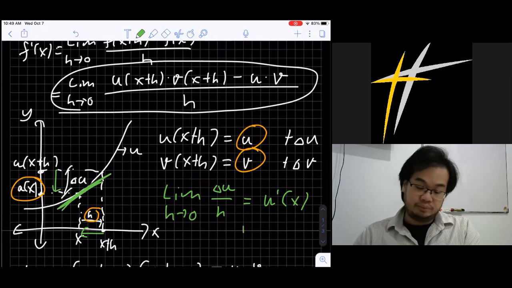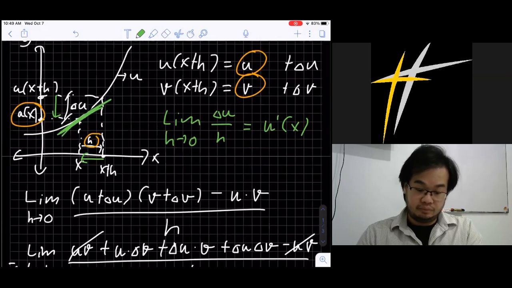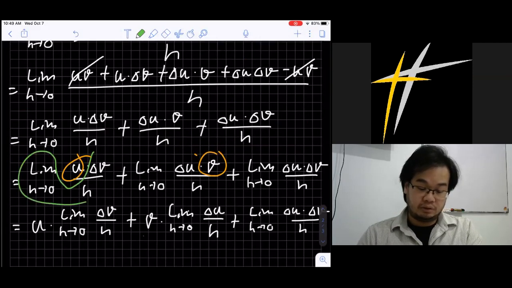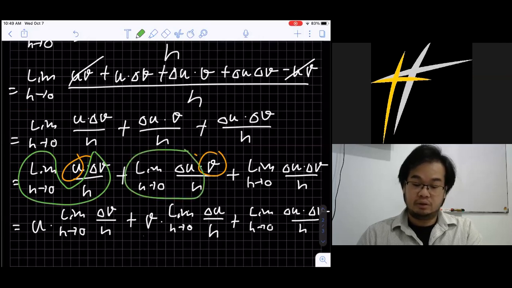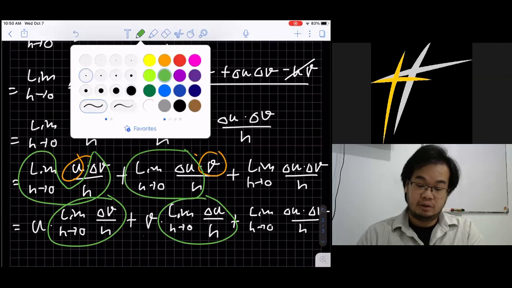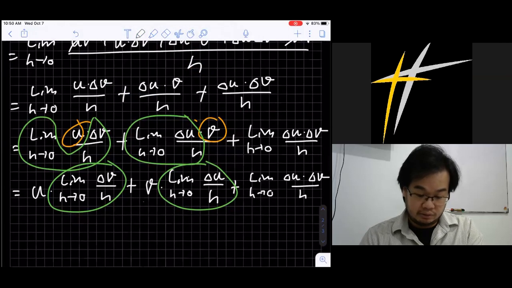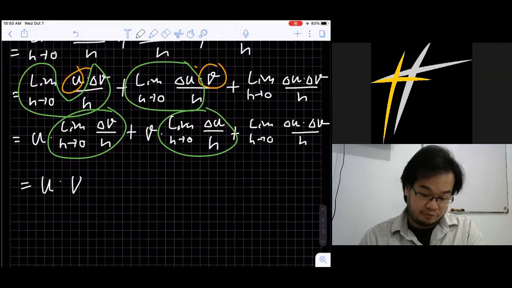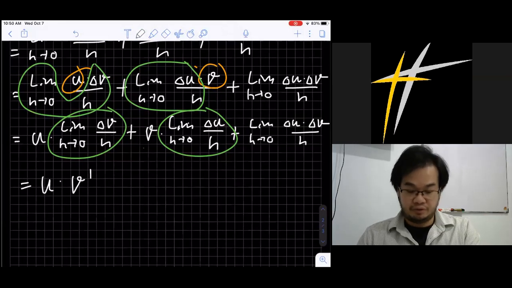So actually, this one and this one can be written as u times phi prime, the derivative of phi.